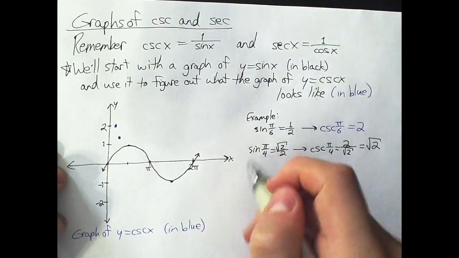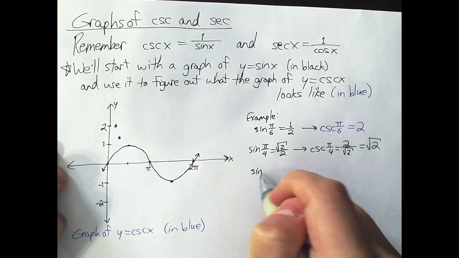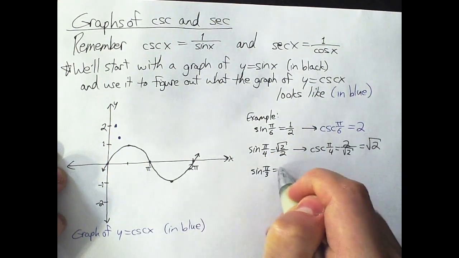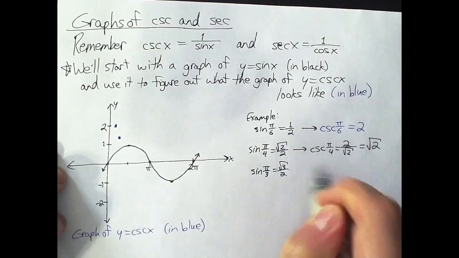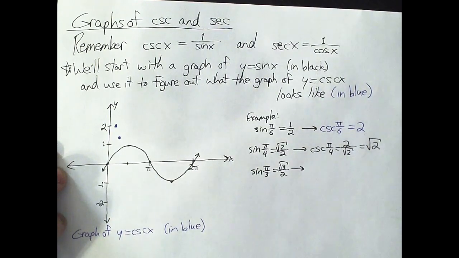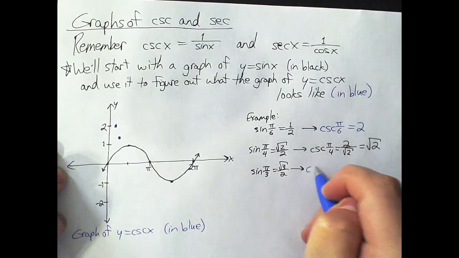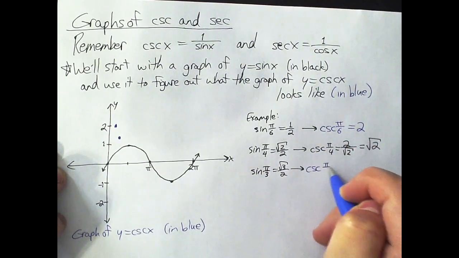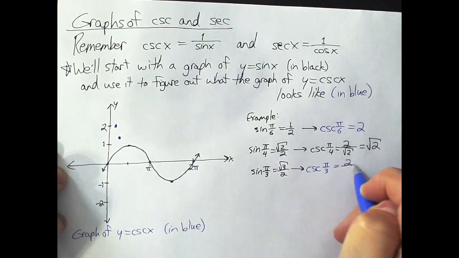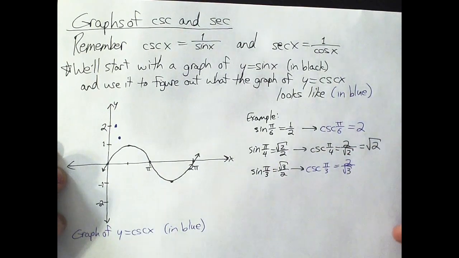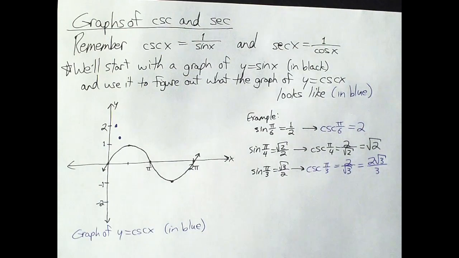Let's continue this. What's sine of pi over 3? Square root of 3 over 2. What does that mean for cosecant? It means that cosecant of pi over 3 equals 2 over the square root of 3. If you multiply this by root 3 over root 3, you get 2 root 3 over 3, which I actually did not figure out as a decimal.